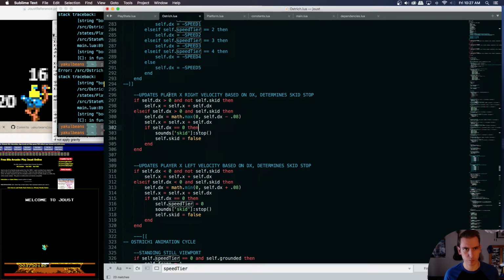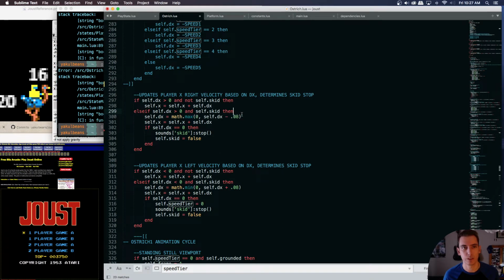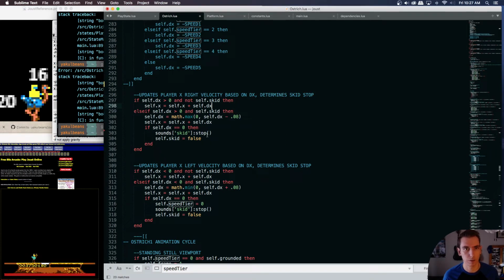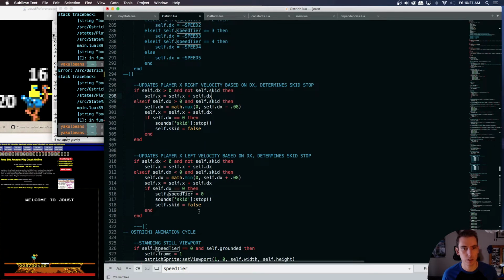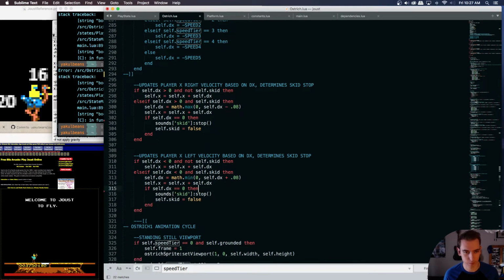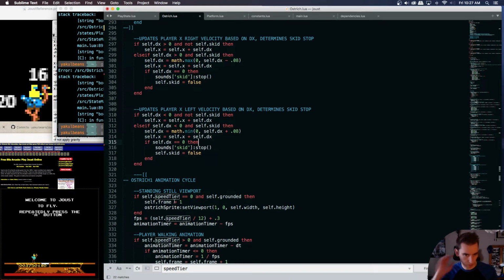Updates player right velocity based on dx. Why? Oh, for skidding. Yeah, for skid stop, yeah. Okay. So yeah, we shouldn't need speedTier there anymore because it doesn't even do anything anymore.